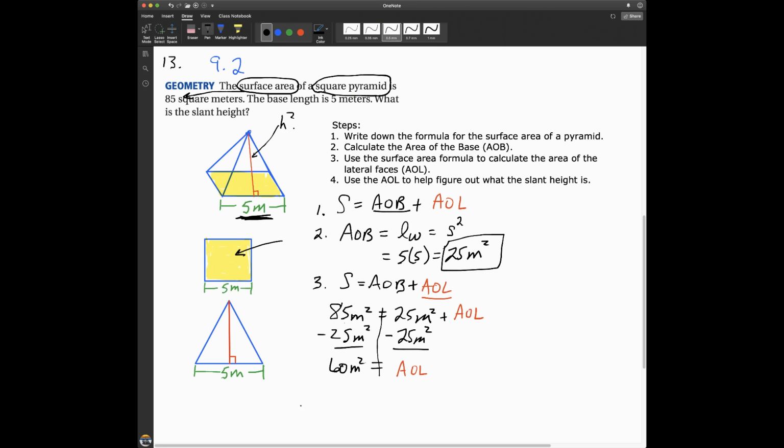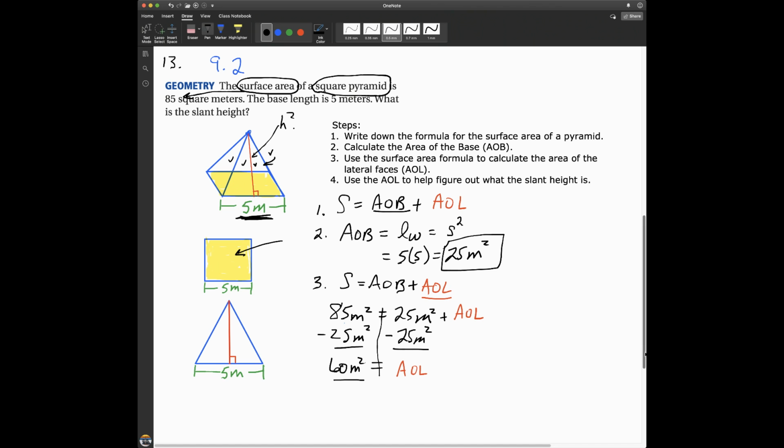So that means the area of all 4 of these lateral faces. This one over here, this one in the front, this one in the back, and then this one on the side that you can't see. If I take the sum of those 4 areas, it would equal 60 meters squared.